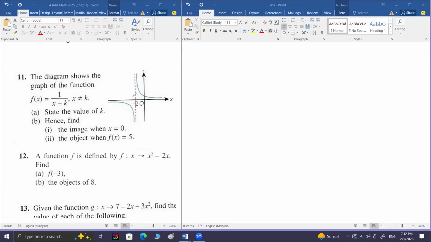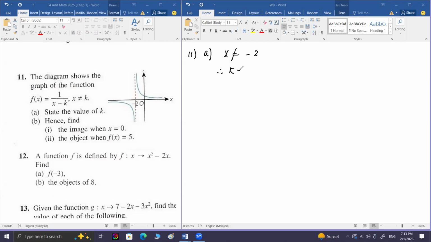Okay, class, now look at this. You see this line. State the value of k. What do you think k is here? This line, we cannot cut it; the graph will not cut this line. When you see this line of undefined, what is k here? Negative 2 from the graph. So for part A, x cannot be negative 2.